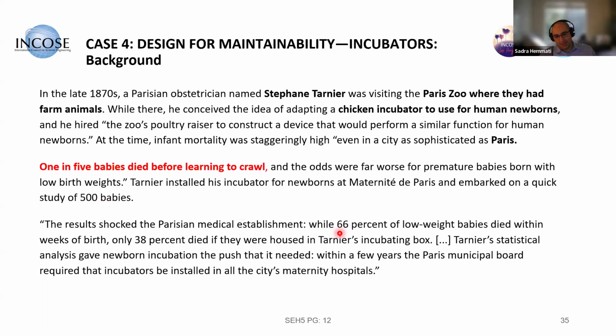Before that, 66% of low weight babies died within weeks of birth. But after this intervention, only 38% died because of the incubating box. So it was a validation of the solution, and many hospitals utilized this idea.